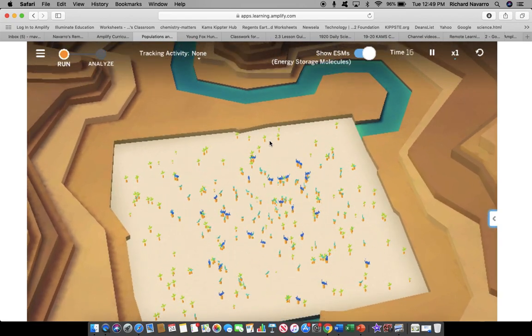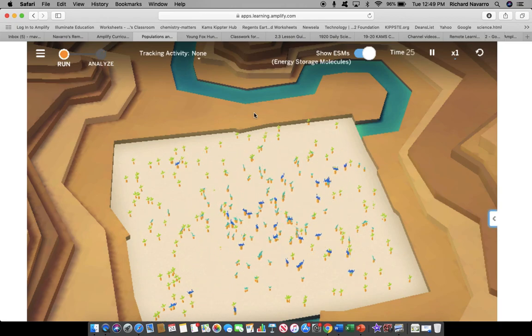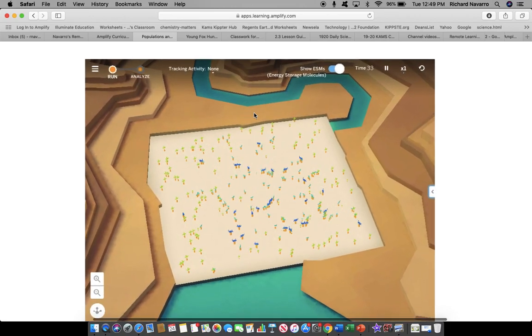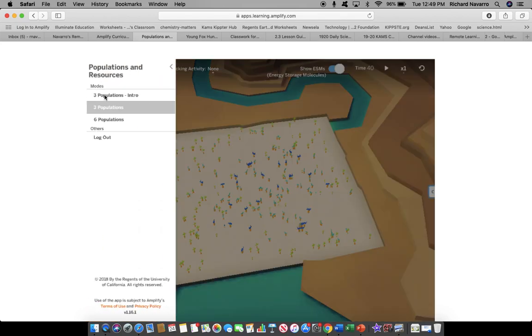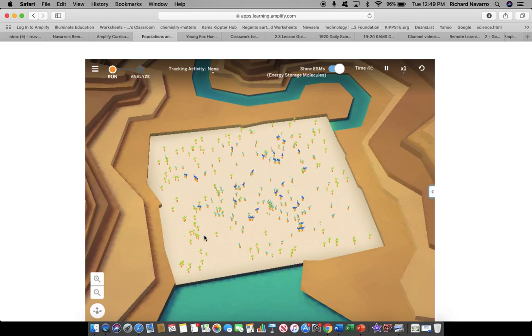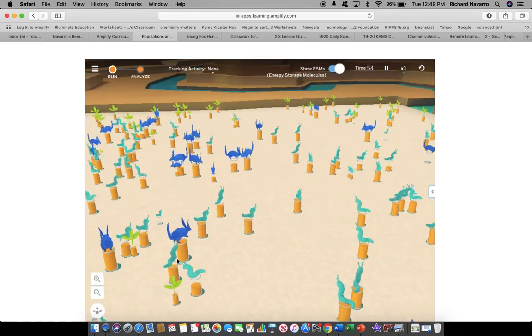And our instructions were to observe the wee bugs. Also make sure that we observe the food web overlay. So we will zoom in on a wee bug.